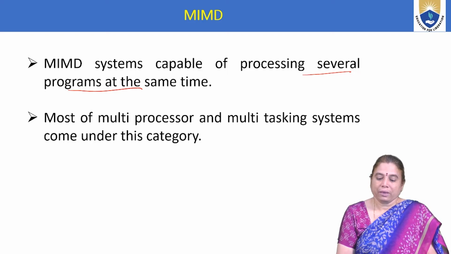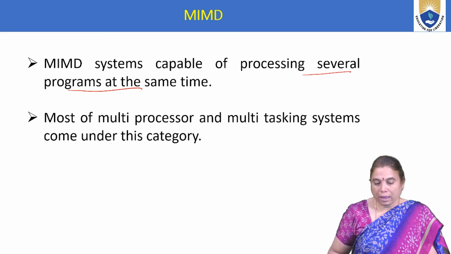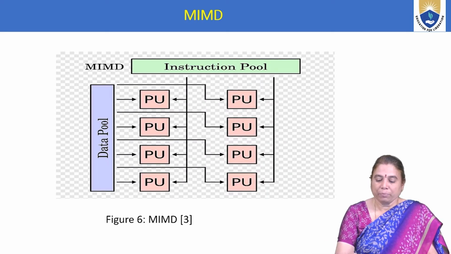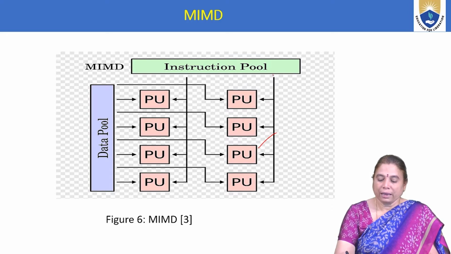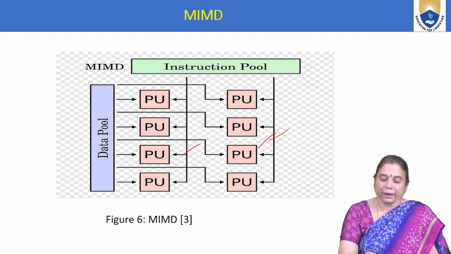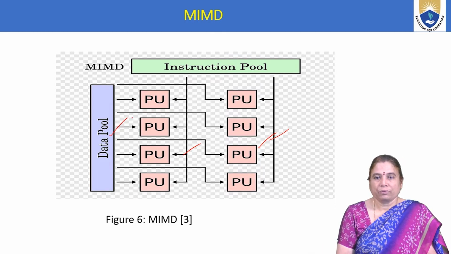So multitasking, multi-user, multi-programming systems can be supported by the MIMD architecture. So here multiple processing units can receive multiple instructions and apply them on multiple data streams for the execution of the instruction. So concurrent or parallel processing can be achieved with the MIMD.